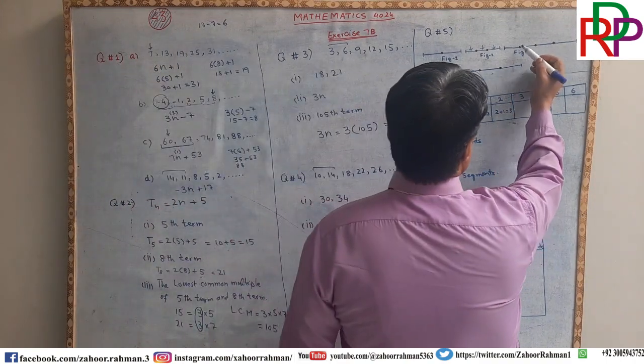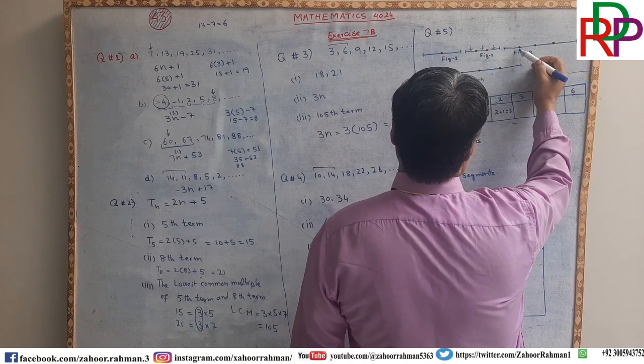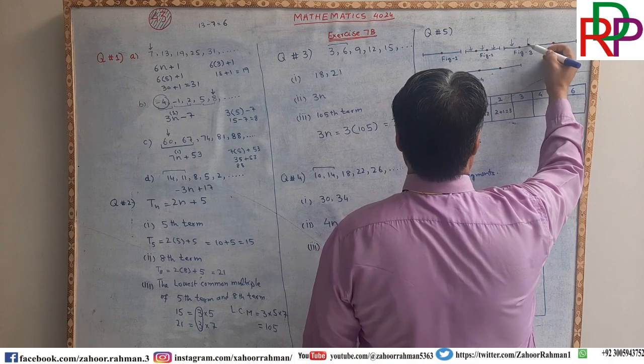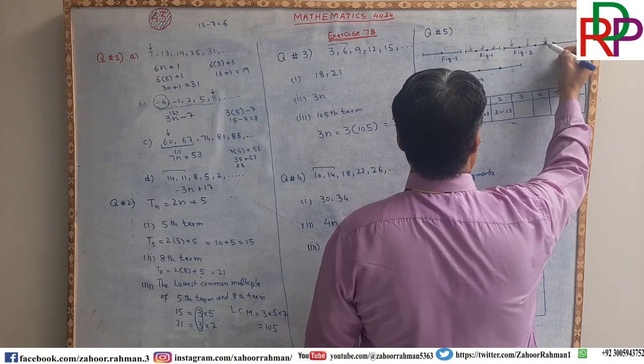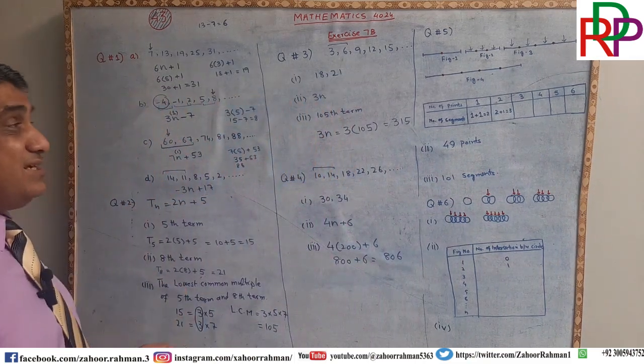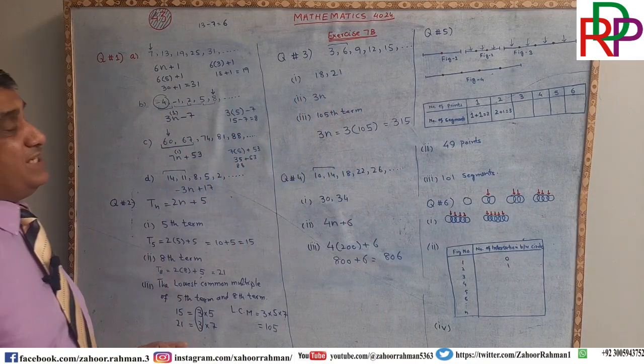When there are 3 dots, you can see dot number 1, dot number 2, dot number 3. So this is the first segment, this is the second segment, this is the third segment, and this is the fourth segment. 3 dots will produce 4 segments.